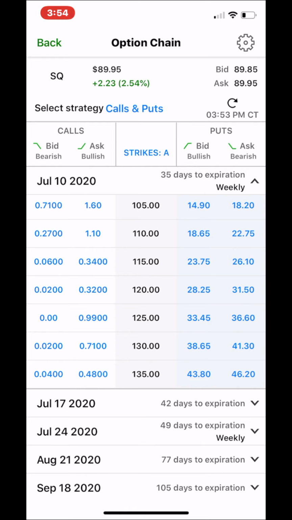And you see those calls get cheaper because they're so far out of the money. If you look at the 135, to the left of it you can see it's between 4 cents and 48 cents. So you could probably get that for a median price.